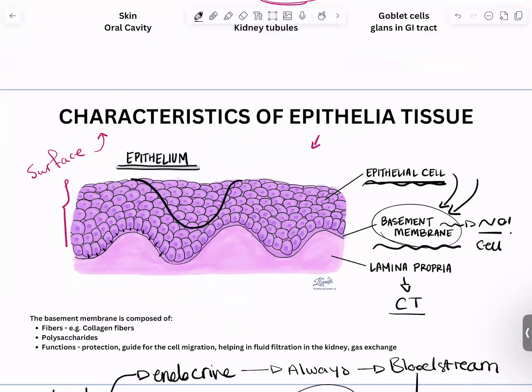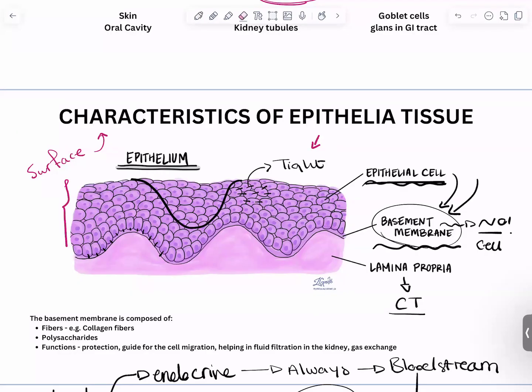So the mechanical stability comes from desmosomes and hemidesmosomes. But when the cells are connected to each other to form a barrier, a layer of cells, we call it tight junction.